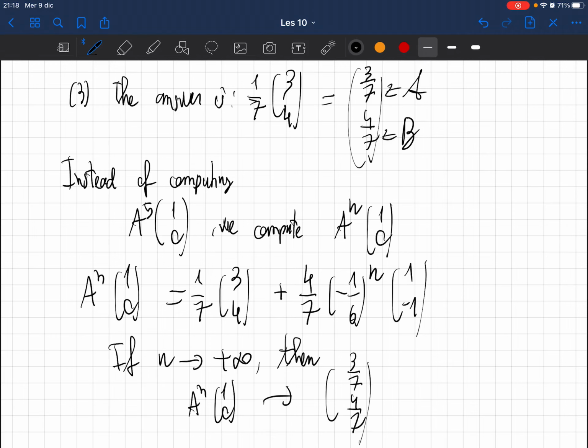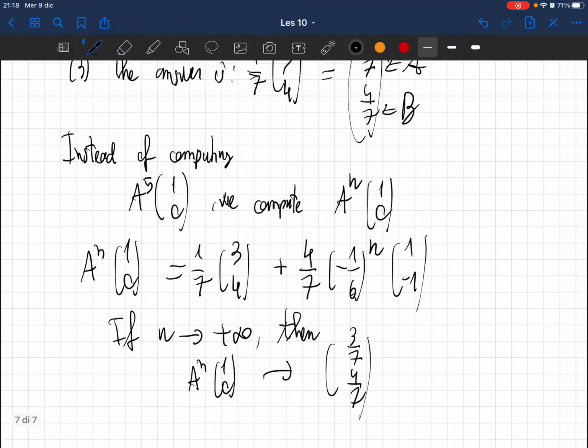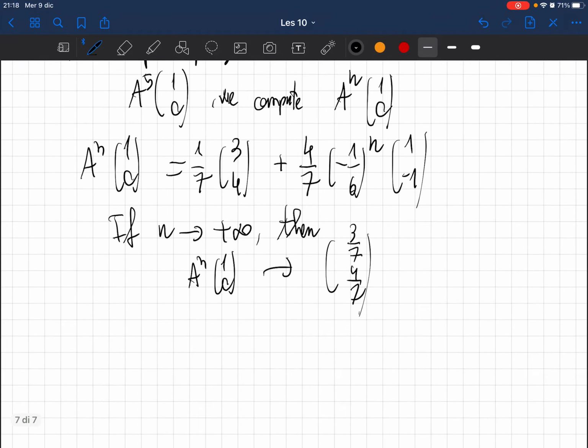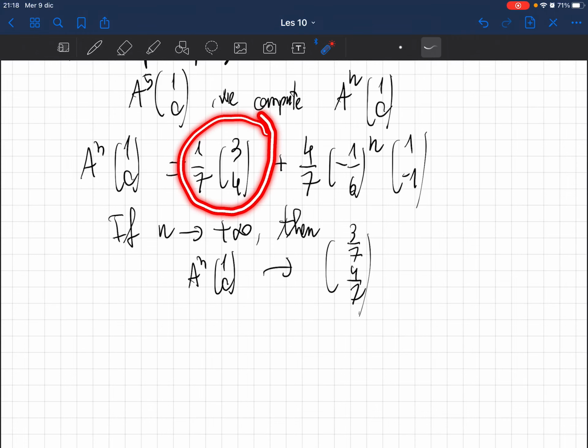So we already see that after some iterations you converge to this. I mean, this is not a proof, but it's a way to check that it's a reasonable thing. Namely, the part of eigenvalue 1 remains the same, so gives you this 3 over 7 and 4 over 7, which is the final answer.